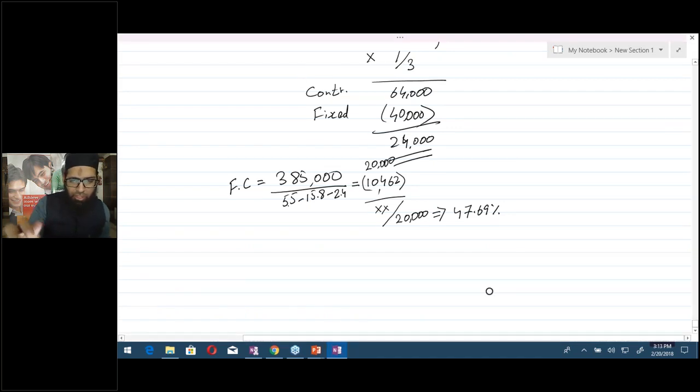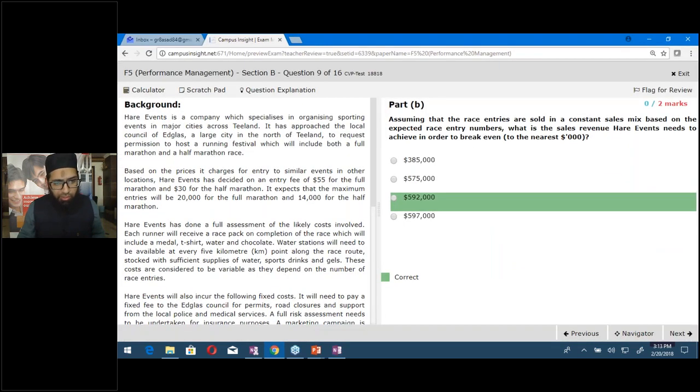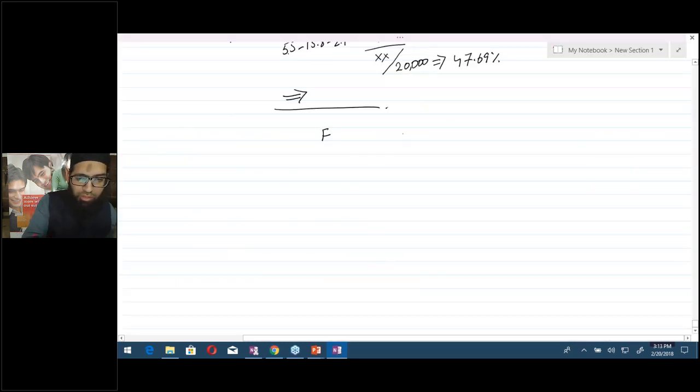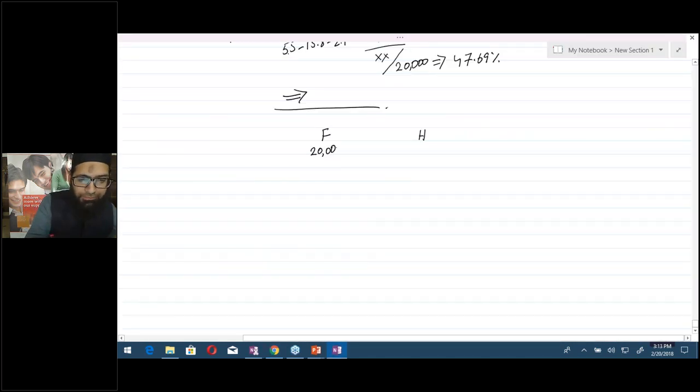For the break-even point in this question, we will be doing the same. This question I'm leaving for you, but I will be making the constant mix for you in that case. So we have two products. One is full marathon and the other one is half. So I'm writing F for full marathon and H for half. And the budgeted data is 20,000 and 14,000.